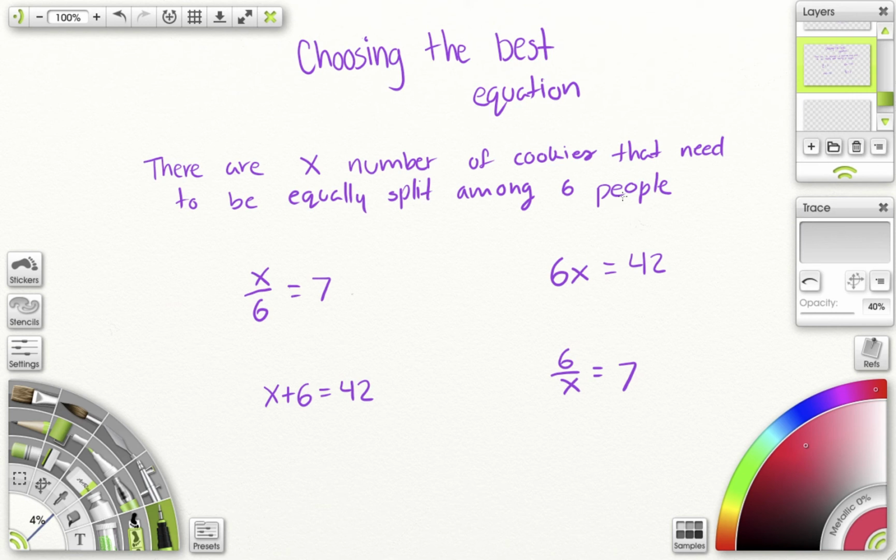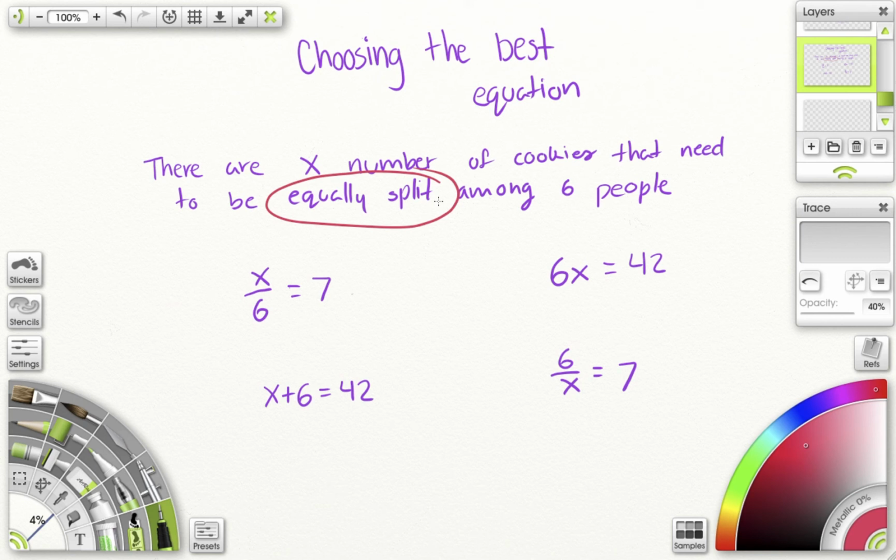So you have to pay attention to the wording. There are x number of cookies that need to be equally split among 6 people. That "equally split" gives us a huge hint, because remember when you started learning about division, how it worked: I have 12 stickers and 3 friends, and I want to share them equally amongst my friends. I'm trying to divide up those stickers to figure out how many each friend would get.